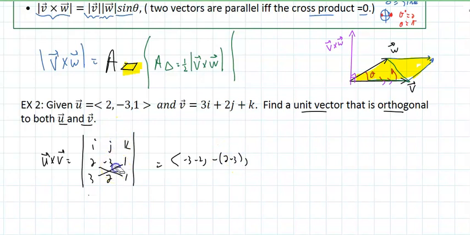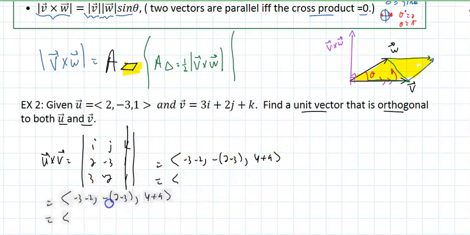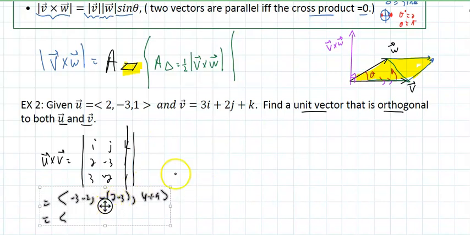And the K component, 4 plus 9. Maybe I should have put the vector there. It's easier to put it under because it lines up nicer. So this is negative 5, a 1 if I'm not mistaken, yeah, and a 13.